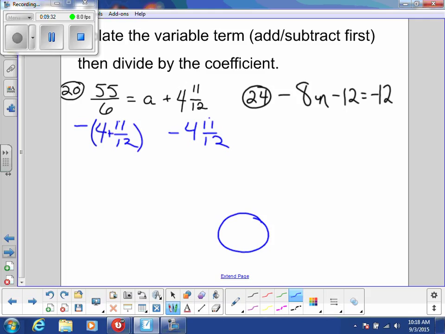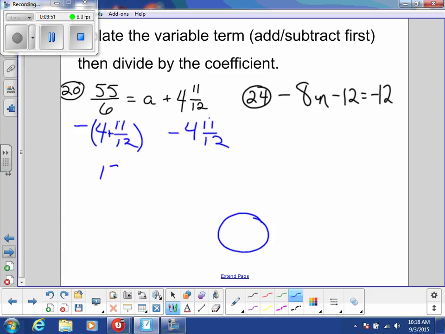You don't really have to write them as you're showing the work, but in the calculator, try it and make sure you get the 4 and 11/12 inside parentheses and the minus sign on the outside.